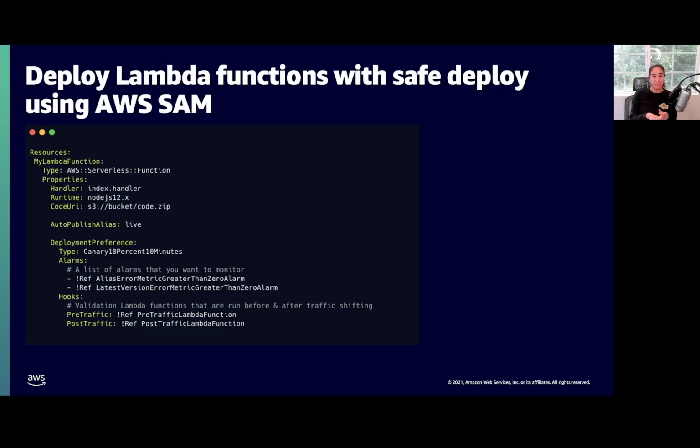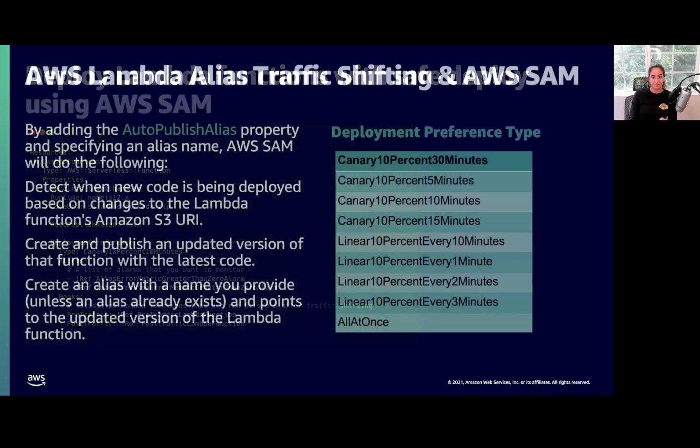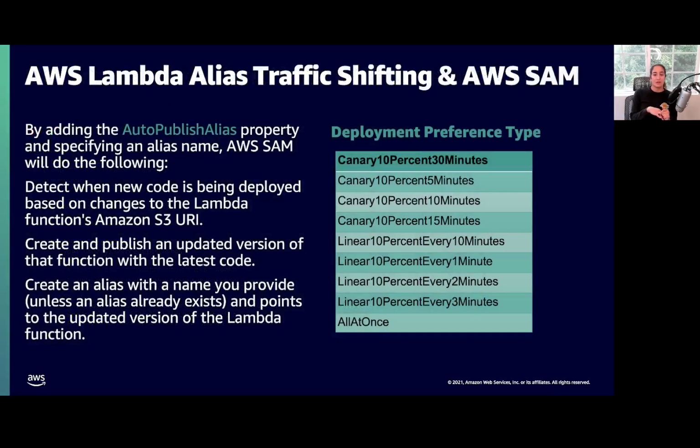These three types of Lambda functions can be separate Lambda functions, or they can point to the same Lambda function, but at different times in the deployment process. And so by adding this auto-publish alias property, AWS SAM detects when new code is being deployed based on changes to the Lambda function's Amazon S3 URI.